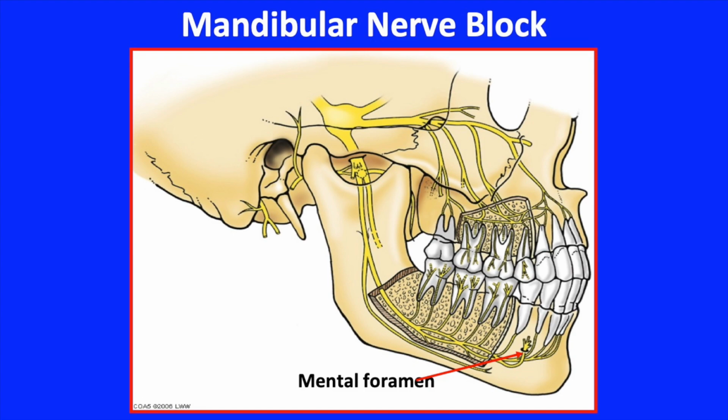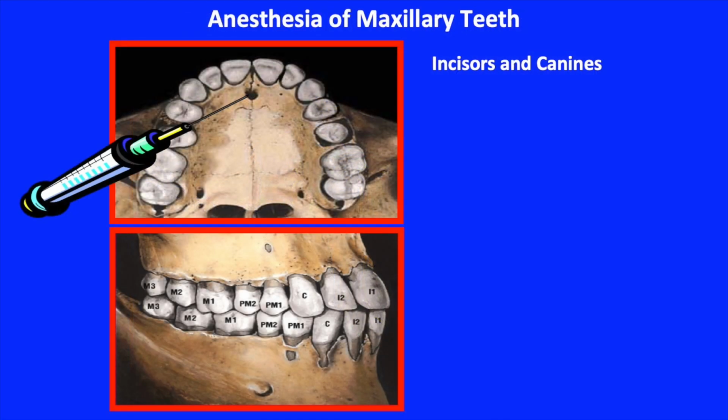So this is straightforward if you require work on a lower molar, but what about an upper molar? Is it as simple? And you know by the way I'm asking that the answer is no. First, you have to decide whether to anesthetize the front teeth or the back teeth. If the front teeth, then you deliver the anesthetic to the area of the incisive canal.